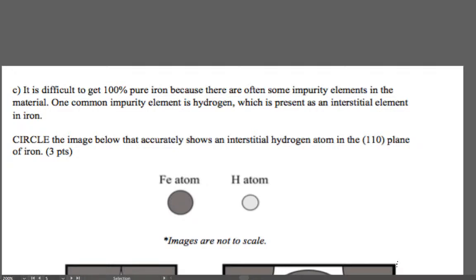One common impurity element is hydrogen, which is present as an interstitial element in iron. Circle the image below that accurately shows an interstitial hydrogen atom in the 110 plane of iron.